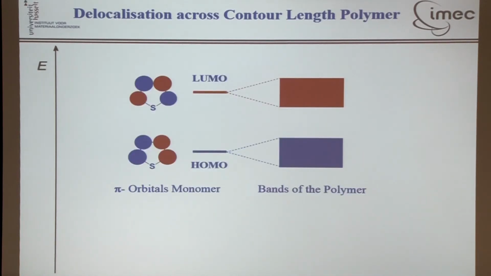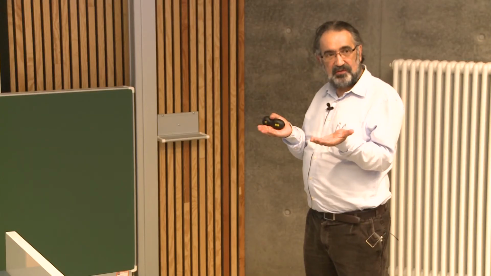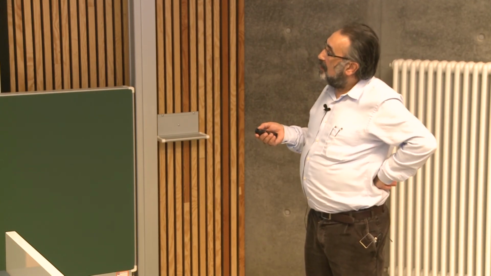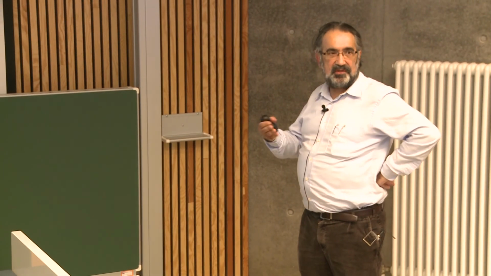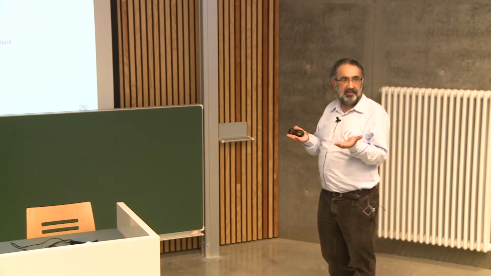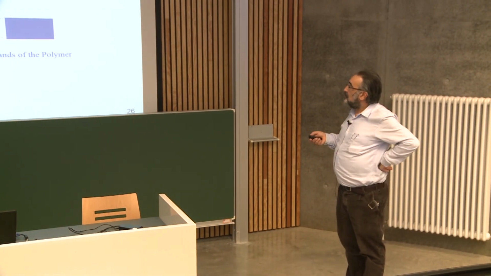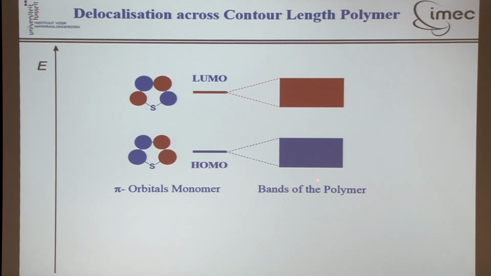Now, what happens? Well, when you compare the initial situation with repeating units not interacting with each other, if you bring them closer together, the energy levels, the molecular orbitals, will mix because of the interaction. And you get bonding combinations and anti-bonding combinations. And so you get a collection of energy levels as a consequence of the fact that you combine an infinite number of building blocks, if you look at an infinitely long polymer.